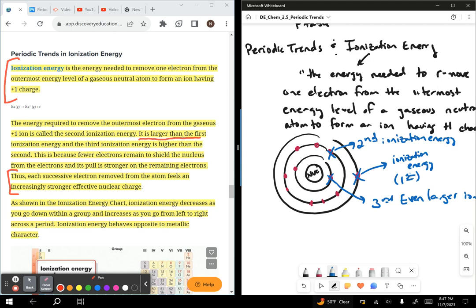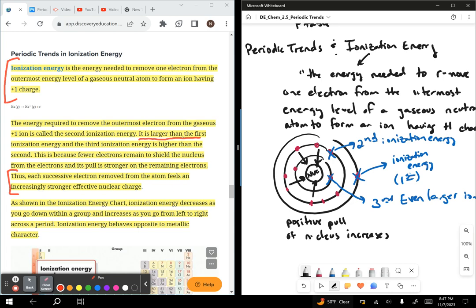And that positive charge starts to pull stronger and stronger. So the positive pull of the nucleus increases with each successive electron that's pulled away.